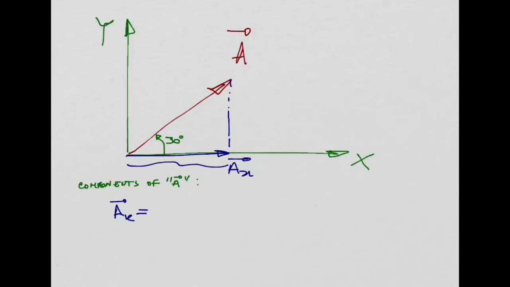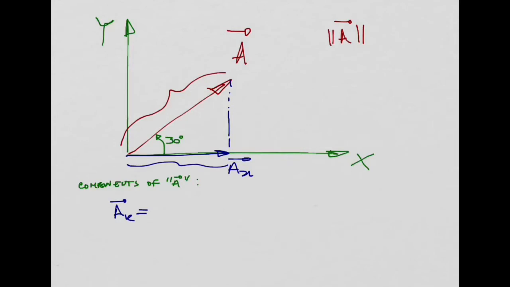Norm of A cosine of 30 degrees. So I will say, norm of A gives me what? Norm of A gives me the length of my vector A, right? Gives me that length, or the intensity of vector A, right?